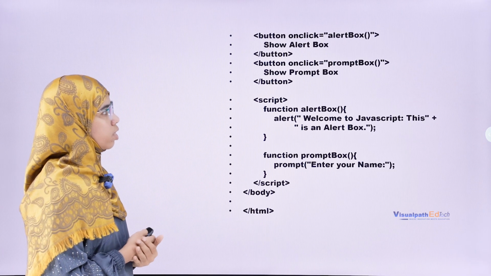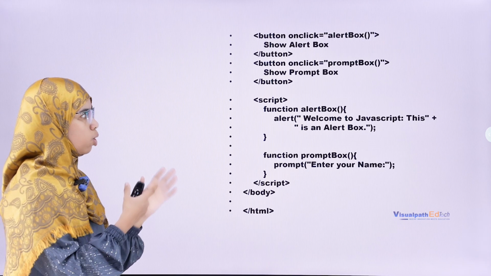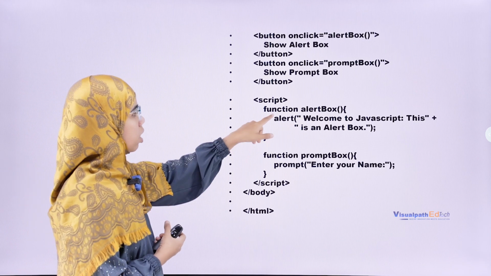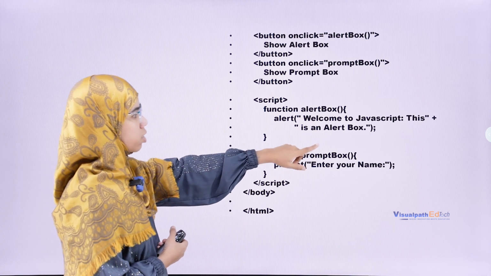Likewise, as with the alert box, there is another message with respect to the prompt box, where the prompt box will be displayed to the user. And what is it going to display in the alert box? Welcome to JavaScript. This is an alert box.